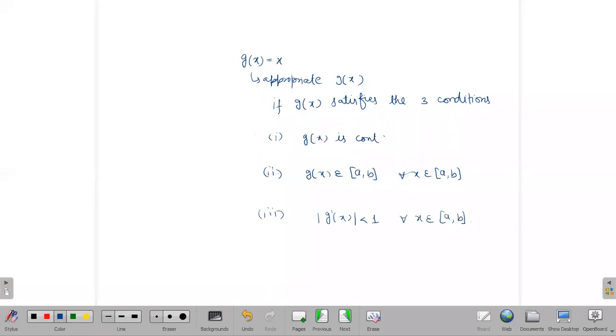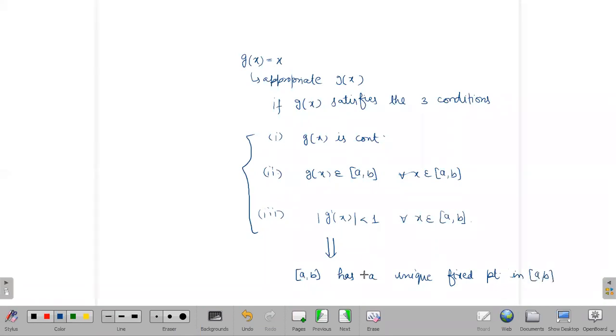So if these three are satisfied, then this interval [a, b] has a unique fixed point, because these two conditions imply the existence and this condition implies the uniqueness. So you will ensure that it has a fixed point in this interval.